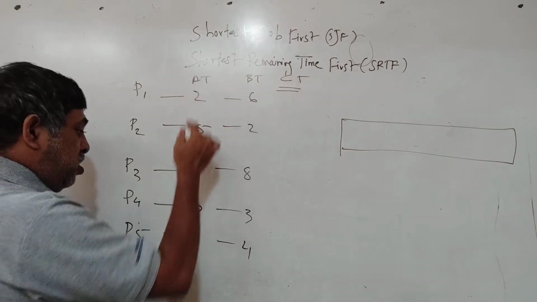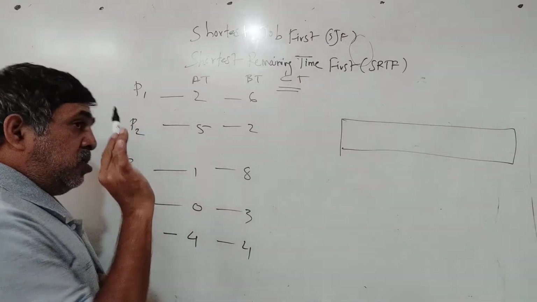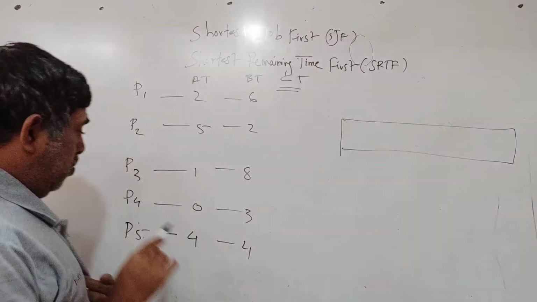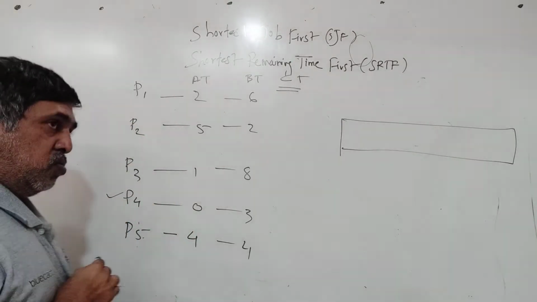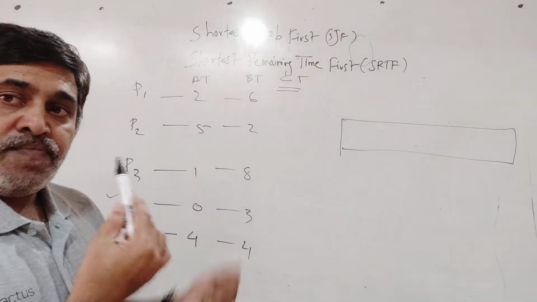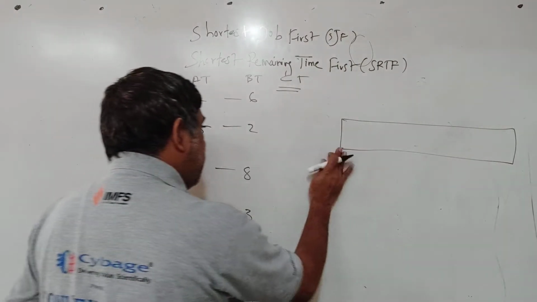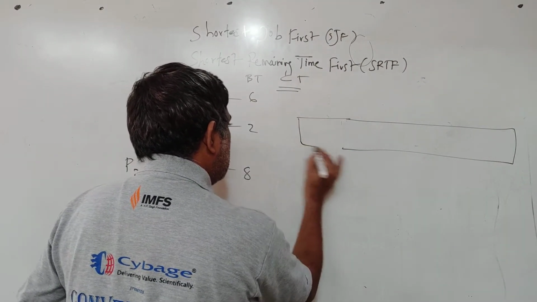If we go through this arrival time sequence, we can see at the 0th unit only process P4 has arrived. Since there is only one process, there is no question of selecting other processes, and we have to go with P4 execution. So we'll start with process P4.